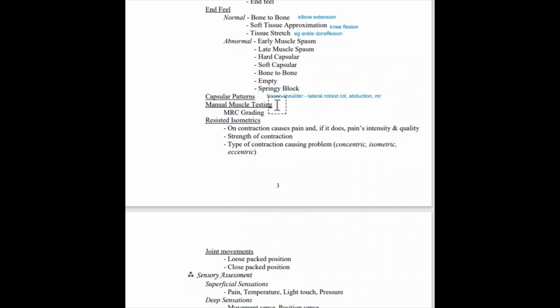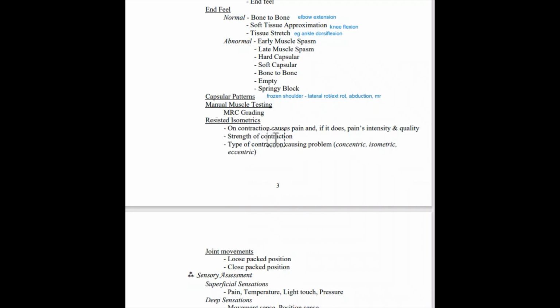Okay, so coming to the next point, that is manual muscle testing. You have to mention in this which grade the patient is, as you are assessing every joint of the body, like 3 out of 5, 5 out of 5, and the scale name, MRC grading or whichever you will be using. Then resisted isometrics, which comes under the motor assessment.